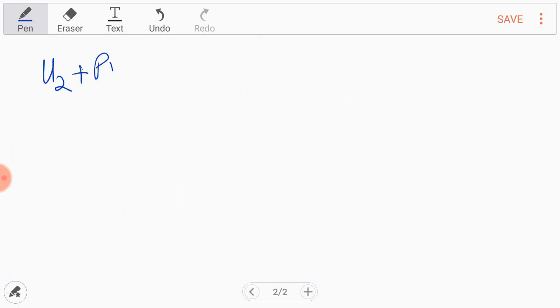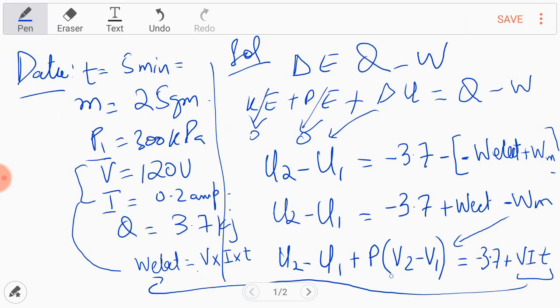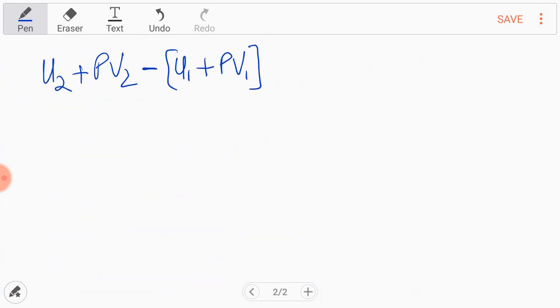U2 plus P V2, we multiply P with V2 and we take minus as a common. In the U1 we have a negative sign, so we make it minus common, so we also get PV1. Now you can see that P multiplied by V2 is plus PV2, so we arrange this with this and we take minus as a common and write U1 plus PV1, and this minus is also taken common from the bracket.